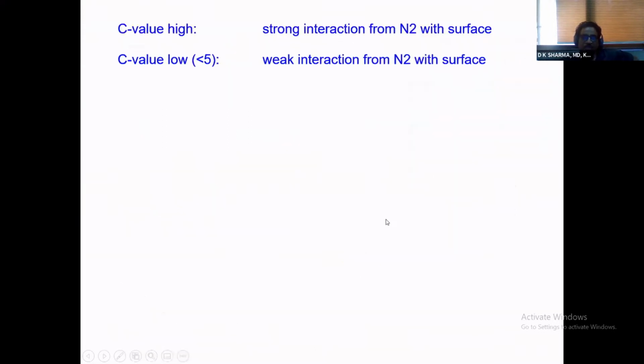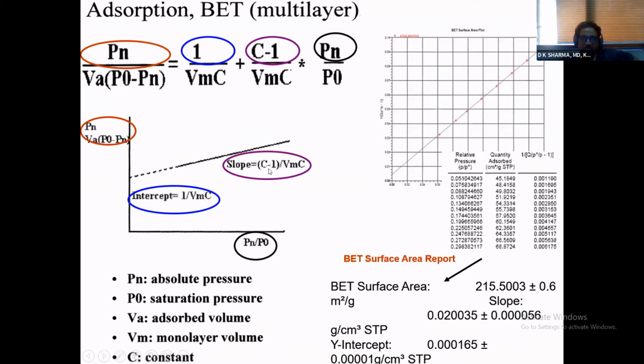Something interesting will come. There are C constants which appear in this equation. It's a very important constant. One must really take cognizance of it, or must really take care of it. When you get surface area values, the calculations will also tell you what the C value is.